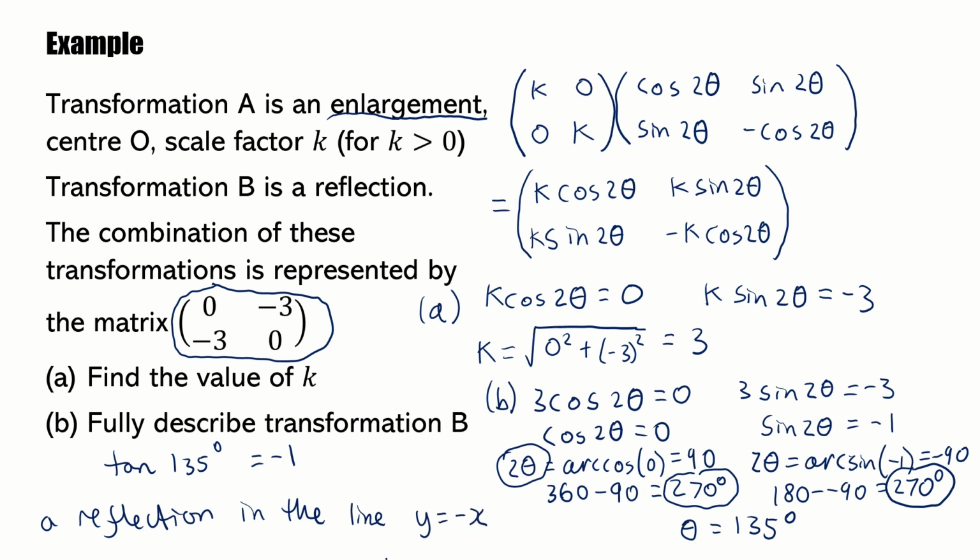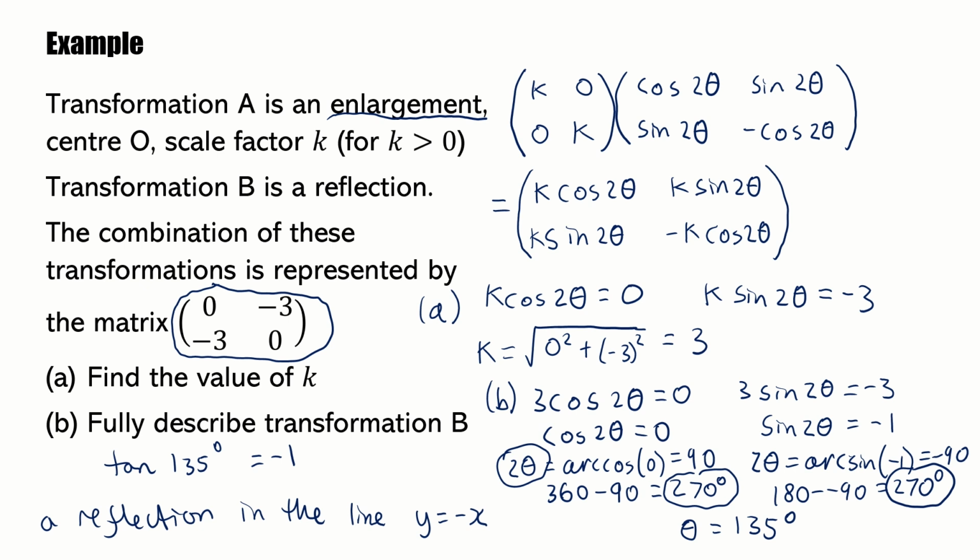Y equals minus x because the form booklet says it's a reflection in the line y equals tan theta of x. We now know what theta is, so I just plug it into that structure and get y equals minus x, because tan of 135 is minus 1. So there you go. That is the answer to this question.